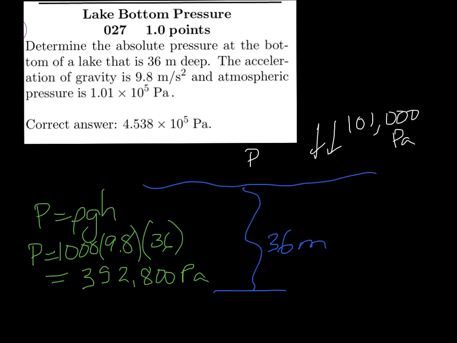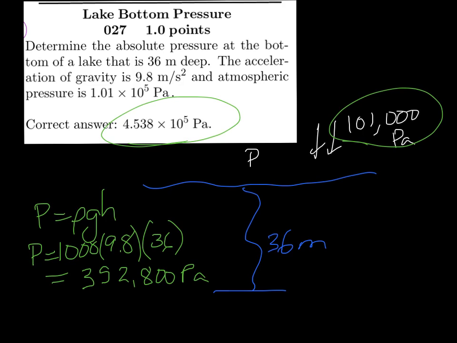That's a little bigger than we were getting with our book sitting on the table. That's just from the water. Then we need to add in the 101,000 pascals from the air, and that's how we get the 453,000 pascals that they give us for our answer. See, that's not too bad.